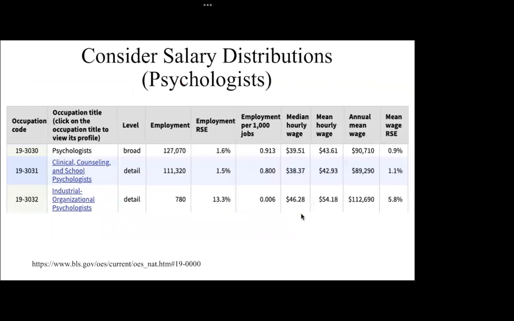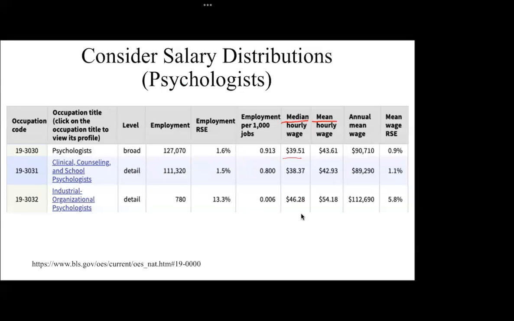So these are salary examples. These are, I believe, 2020 salary distributions from the Bureau of Labor Statistics. These are for psychologists, but I also have others to show. What I respect about this data presentation is that we see both the median and the mean hourly wage.